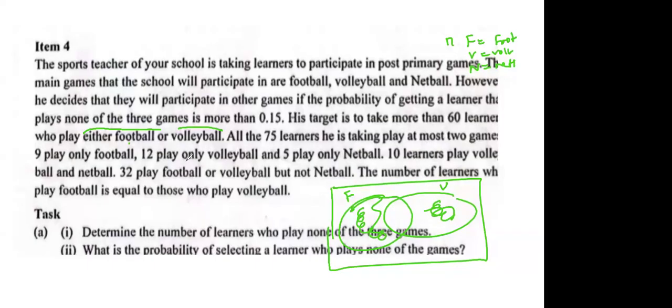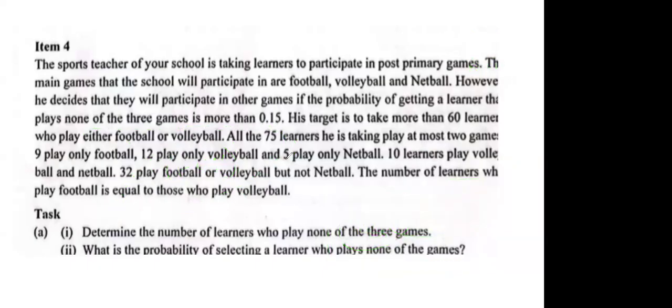So when you're writing it mathematically, you can say football or volleyball, but either. That's how you had to interpret that; the intersection here is 0. I think that's what was confusing one of you.